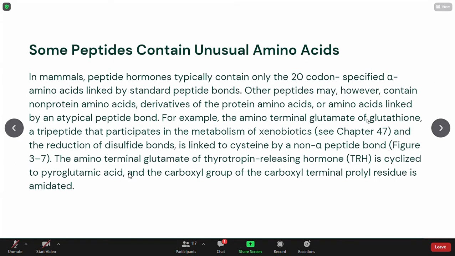The glutamate there is gamma carboxylated, which means that glutamate has 3 carboxyl groups, and glutathione has cysteine and glycine as the other 2. That's your tripeptide. So that is what is meant by unusual amino acids. Glutathione is an example.